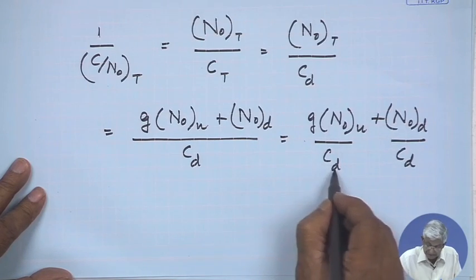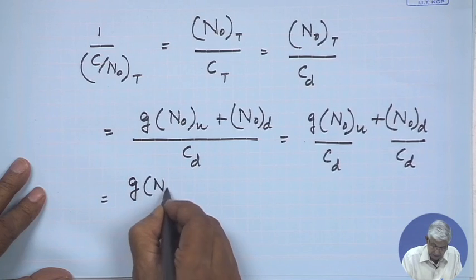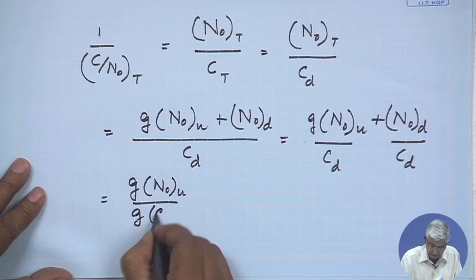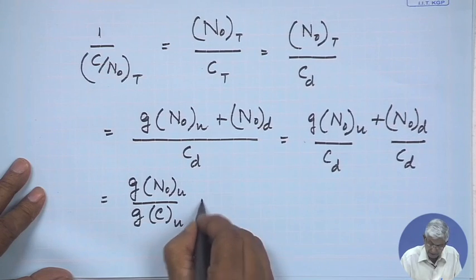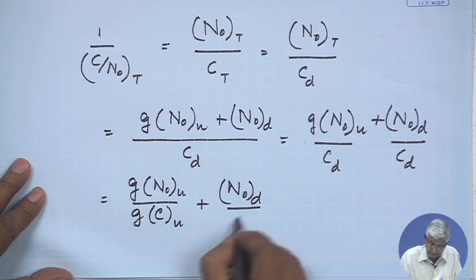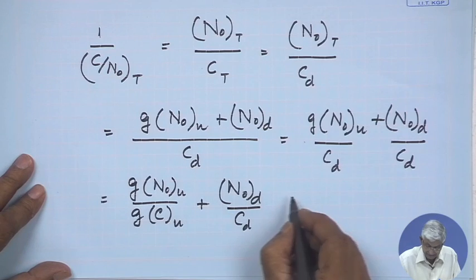Now, what is this C downlink? It is G times C uplink. So, I can write it as G times N0 uplink by G times C uplink, plus N0 downlink by C downlink. G gets cancelled.